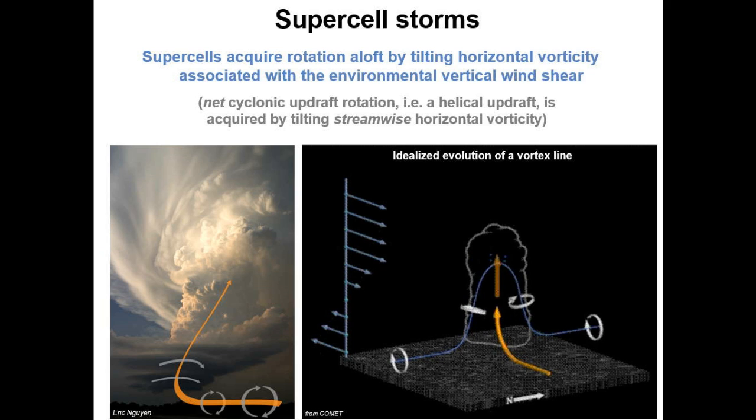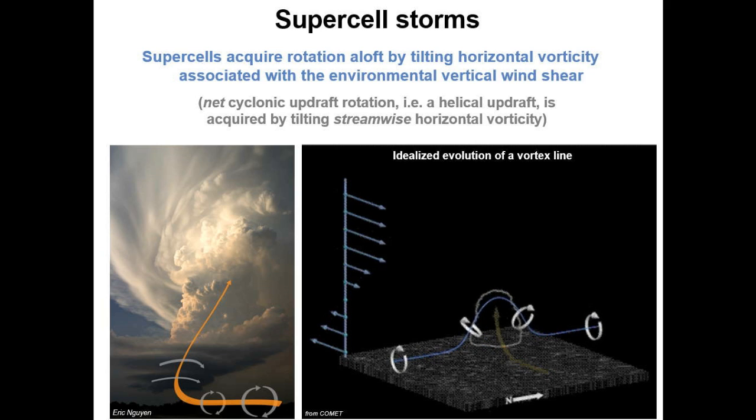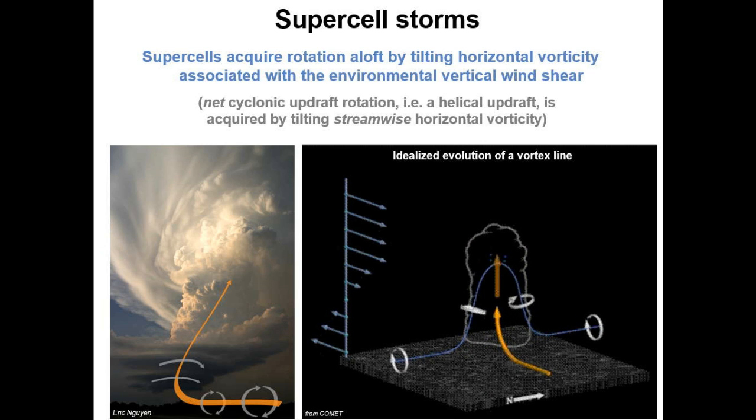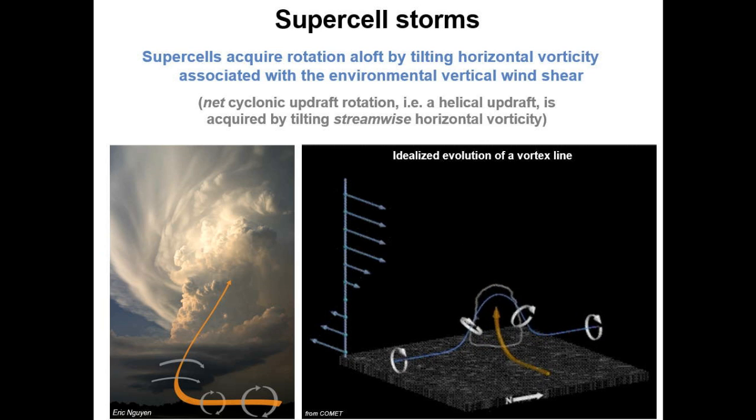Now, do you notice anything about this particular animation? Is the updraft itself, the core of the updraft, rotating at this point? No. I hear no. Any guesses as to where it is rotating? So we hear the notion that it's rotating on the flank. So this is what we mean by crosswise vorticity.